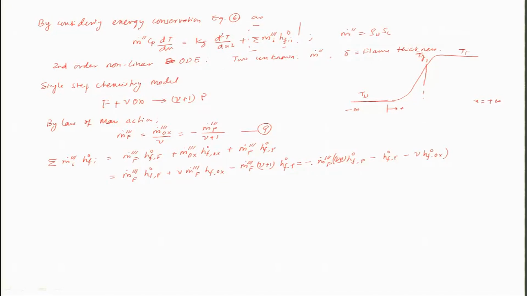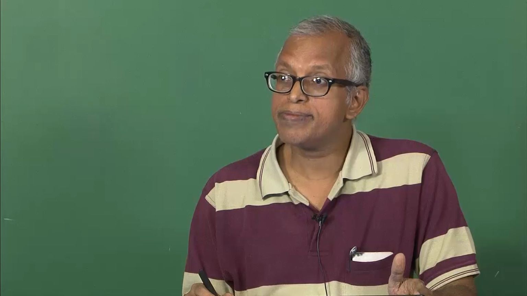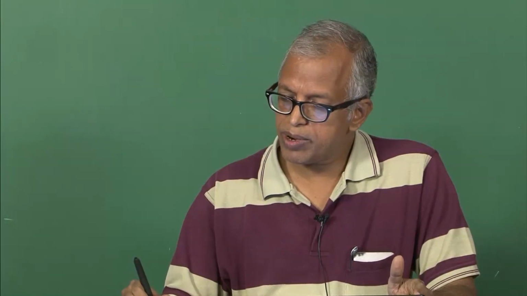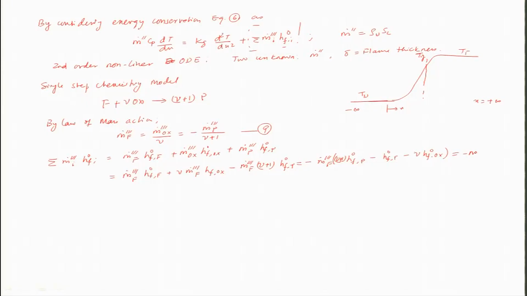So, this minus I have taken, and this is nothing but your delta H R. I can write down that as m dot triple dash F into delta H C, because the heat of reaction for the exothermic will be negative. So, negative negative positive. So, this is the heat of combustion. Are you getting? I can write down that.